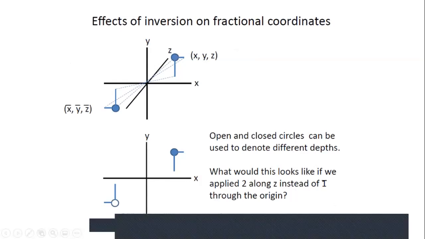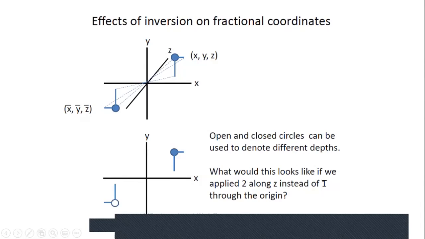If we applied a twofold along c, or along z, instead of an inversion center, you see the coordinates would be different. So that means that this open circle is a different height than the closed circle. So for inversion centers, again, all the fractional coordinates become negative.